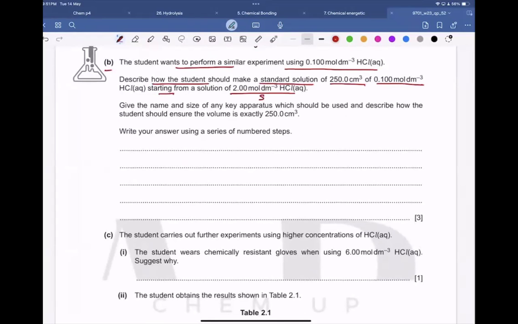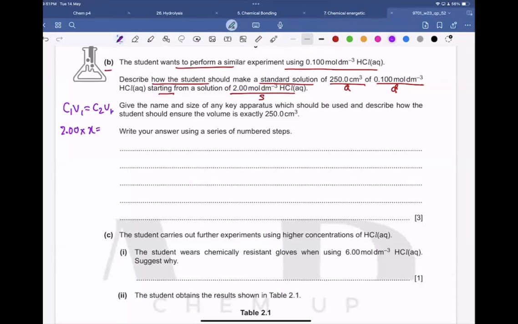So see, it's a stock solution and it is the volume and the concentration of diluted solution. If you recall, I have discussed the formula with you that C1V1 equals C2V2, where C1 and V1 are the concentration and the volume of the stock solution. So the concentration of the stock solution is 2.00 and the volume I don't know.